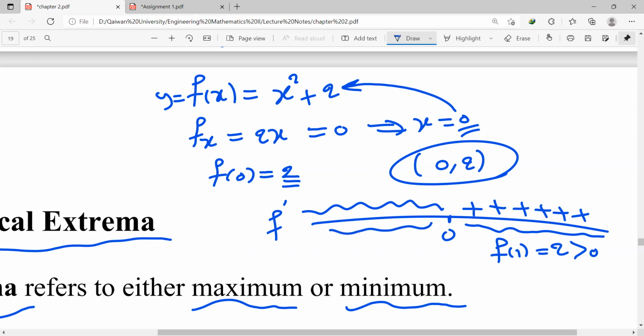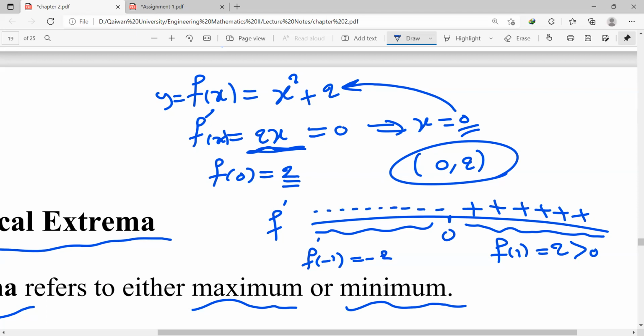And let's pick a point here, let's say -1. F prime of -1: we just replace x by -1 and we get -2. Here we get negative values.